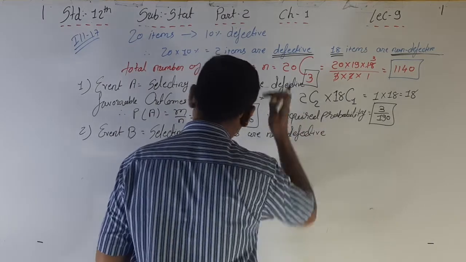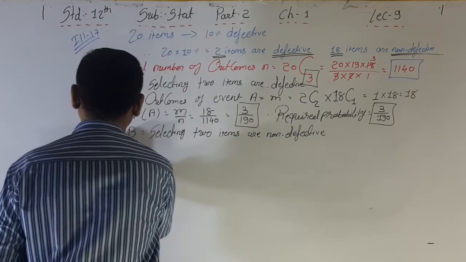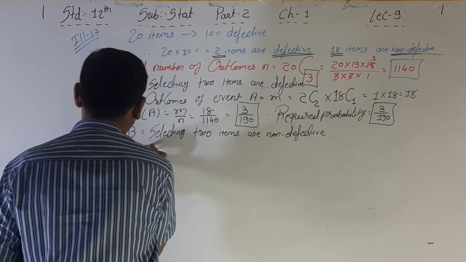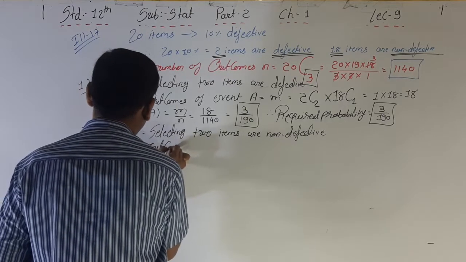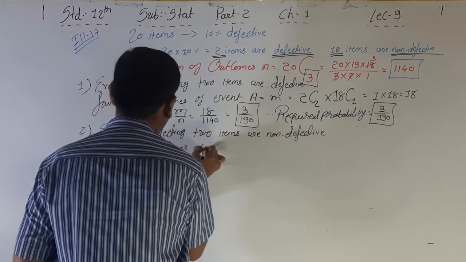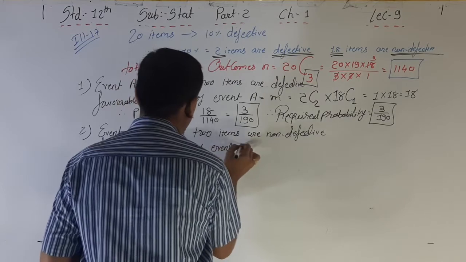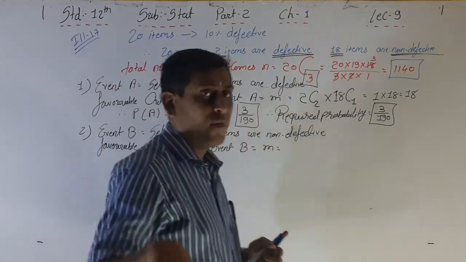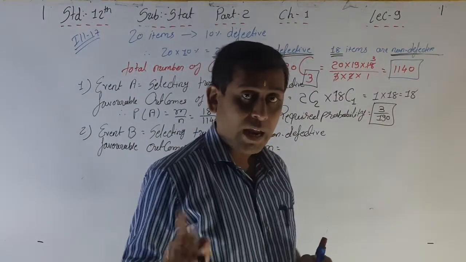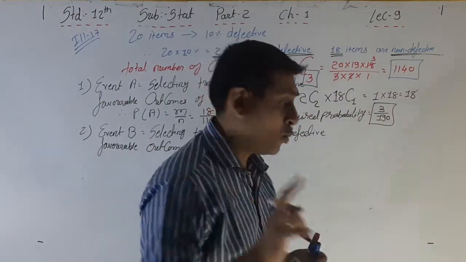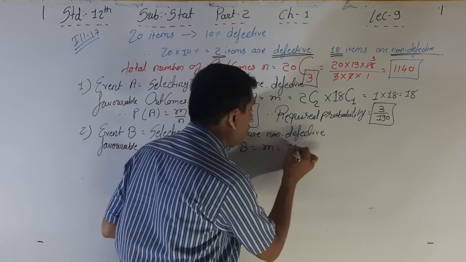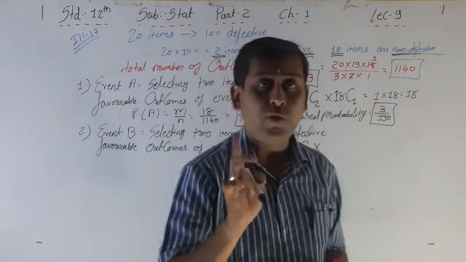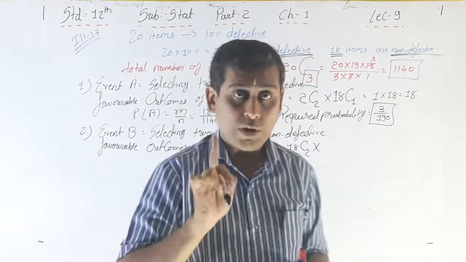Two items are non-defective, that means the favorable outcome of event B is M is equal to, how many non-defective items are there? 18, and from that we have to select 2. That's why 18C2 into, we have to select 1 from defective, right?